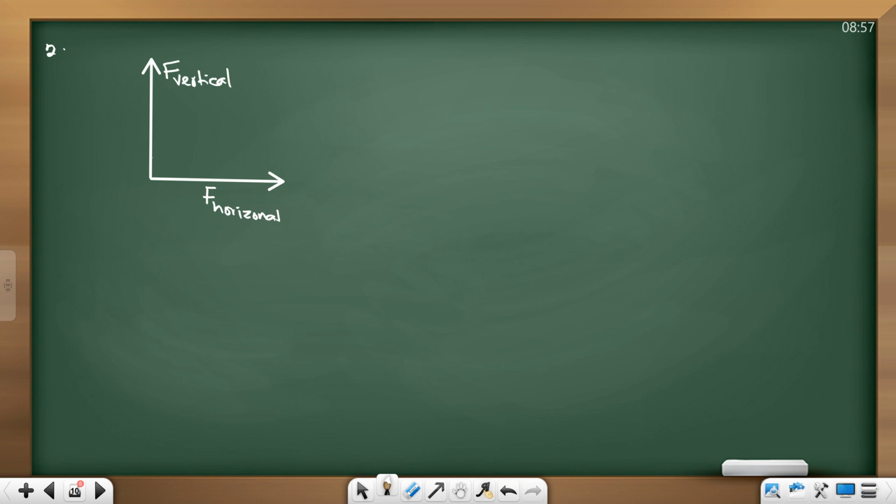90 degrees. Now, how do you find your resultant here? Please watch this. I'll give you a note here. We use a parallelogram of forces.